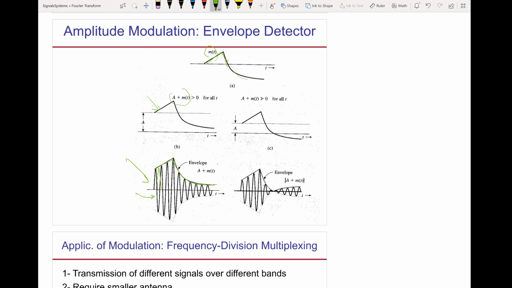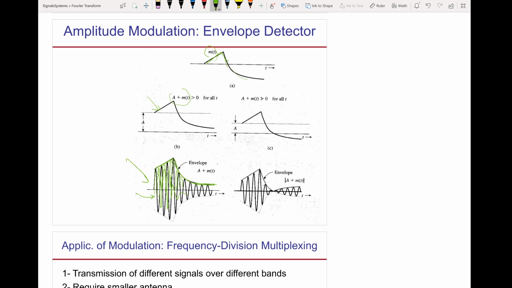So that will be then like this after the full wave rectifier. And then you use a low pass filter. Low pass filter, the time constant is large, so it cannot follow this fast fluctuation. Only it can follow the envelope of the message, and that will be the message signal. What you are gaining, the receiver doesn't need to have the carrier. So that's a big gain.